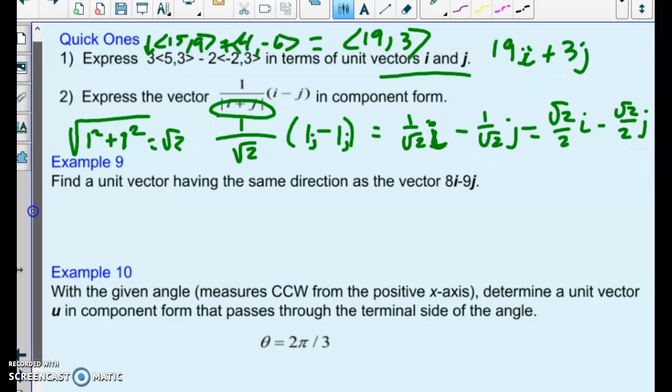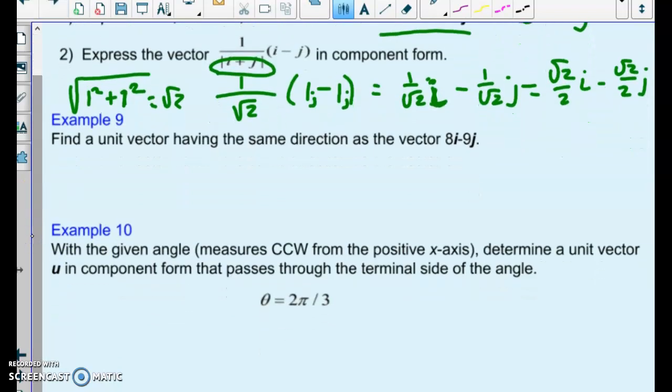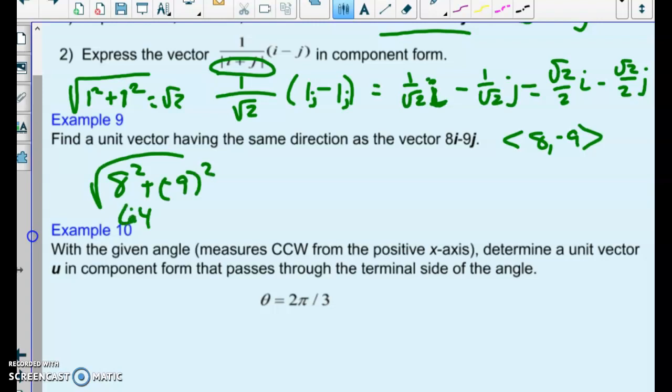And find a unit vector having the same direction as that. Well, to find a unit vector, I'm going to write it in component form, 8, negative 9. And then I'm going to take that and divide it by its magnitude. So to find its magnitude, I'm going to take the square root of 8 squared plus negative 9 squared. I get 64 plus 81 gives me the square root of 145.